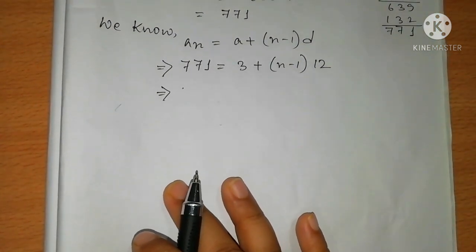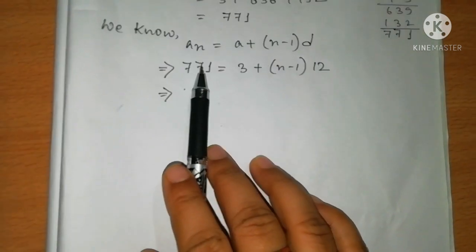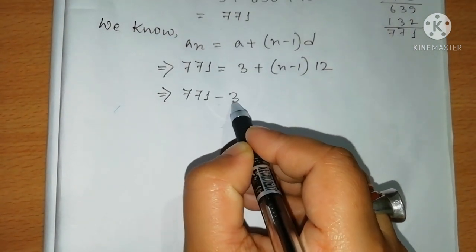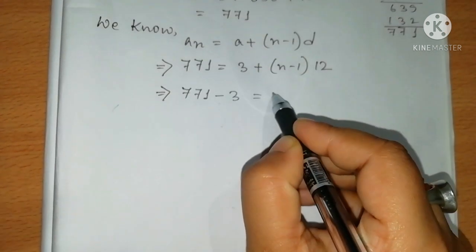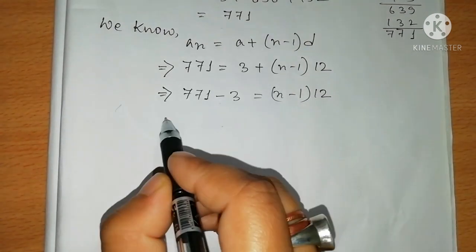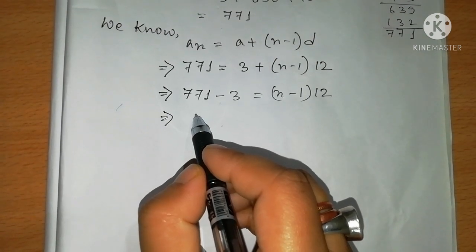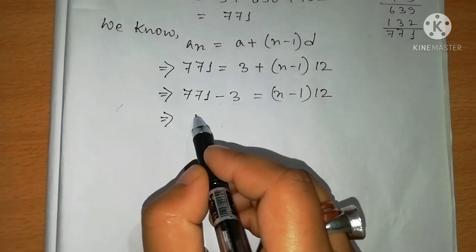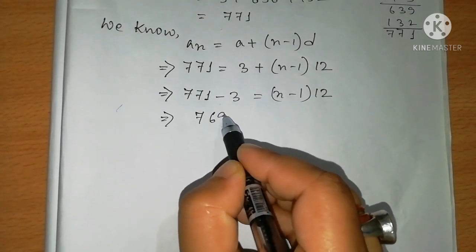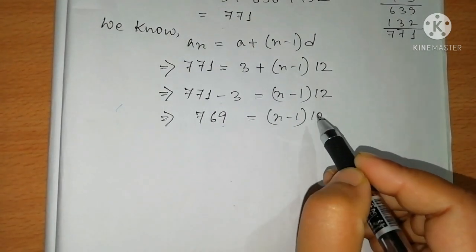To solve this equation, we'll bring this 3 to the left hand side, so 771 minus 3 is equal to (n minus 1) into 12. So 771 minus 3 will be 768.